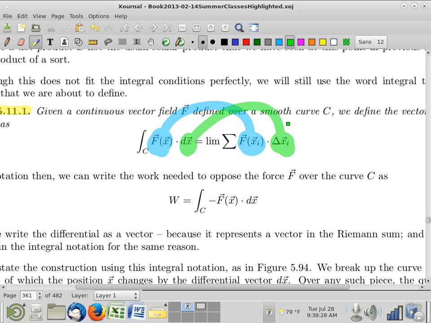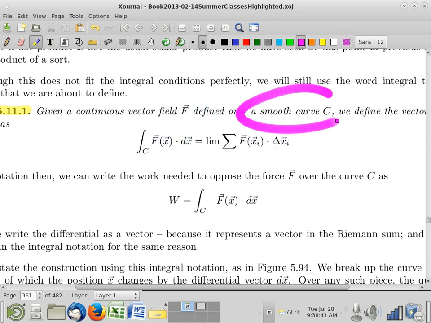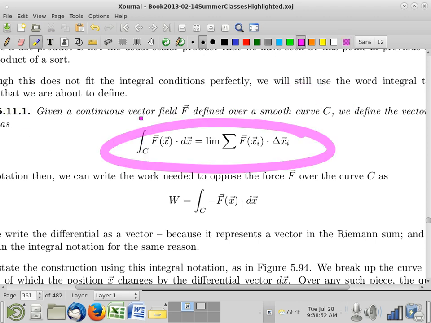And indicative of the fact that we're doing a dot product of those two things, we put a dot right there. So it's really extremely natural shorthand. We're adding this up over our curve C, so that's our domain for this new kind of integral. We have to give it a new name, though. We have to write this down as a definition because it really is technically a new kind of integral.